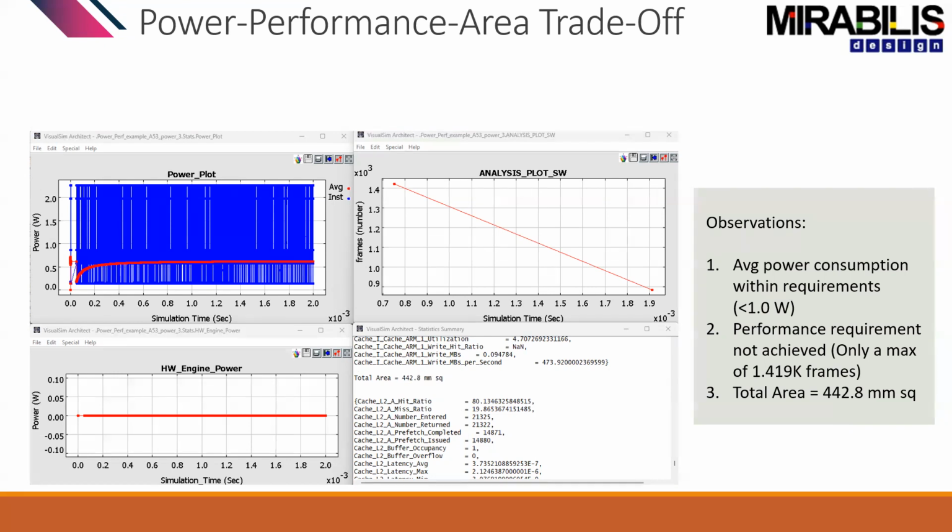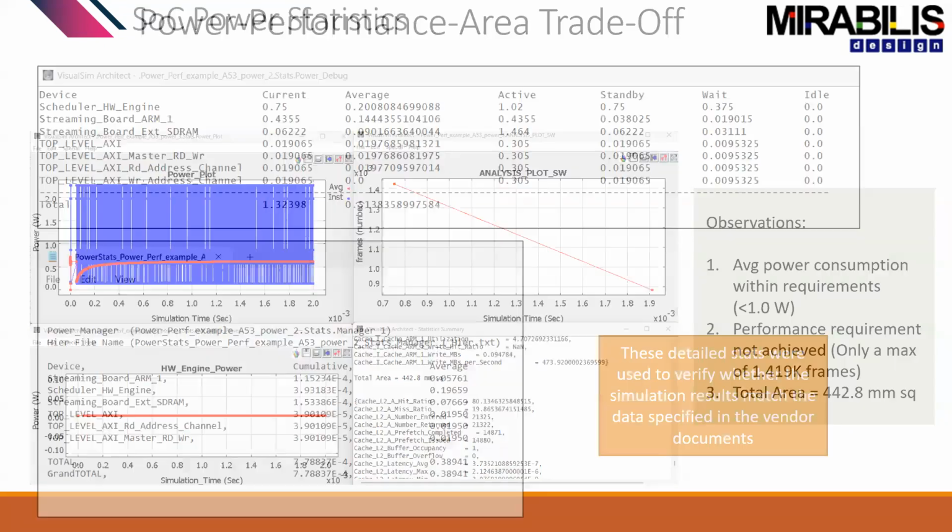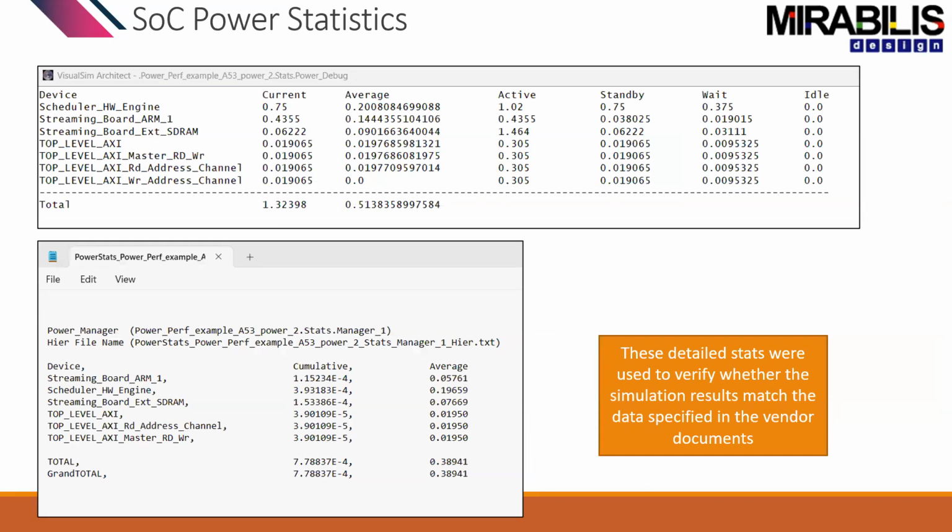How do I do that? There are a couple of different ways I engage. First and foremost, you can see there are a lot of different power statistics generated out of the system. For each device, I can get current, average, and the power in each state. Plus, I can get power as a hierarchical system, which is I can get power from lower level states being fed to the upper level state.